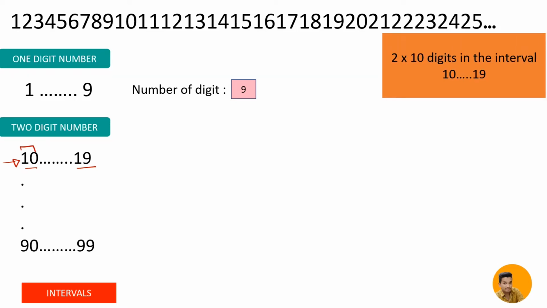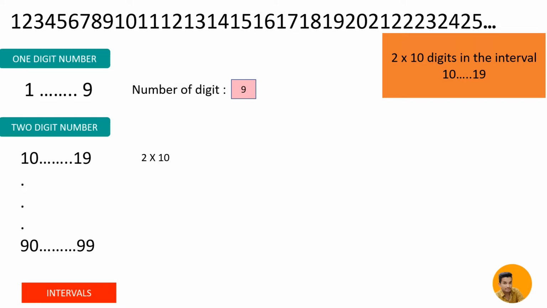So I would say there are 2 digits, and how many such numbers are there? 10, 11, 12, 13, 14, 15, 16, 17, 18 and 19. 1, 2, 3, 4, 5, 6, 7, 8, 9, 10. So there are 10 such numbers, right? I am just looking from 10 to 19, and I don't care about the rest of the 2-digit numbers.